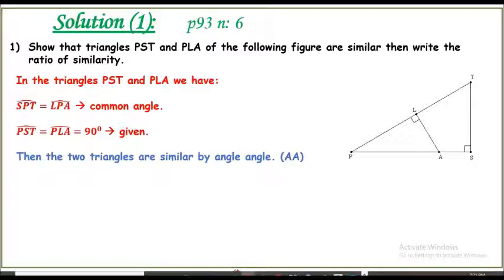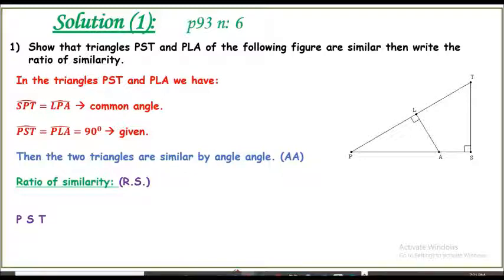Now I want to write the ratio of similarity. As we said previously, in order to write the ratio of similarity, we have to write the names correctly of the triangles so that it would be easy to find the ratio of similarity of the two triangles. PST. Now, what is the angle that is equal to the angle of vertex P in PST and the triangle PLA?